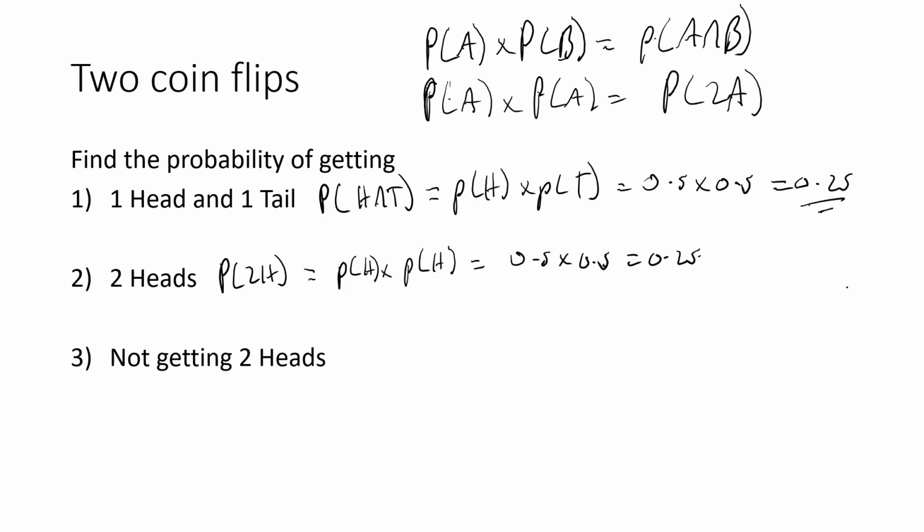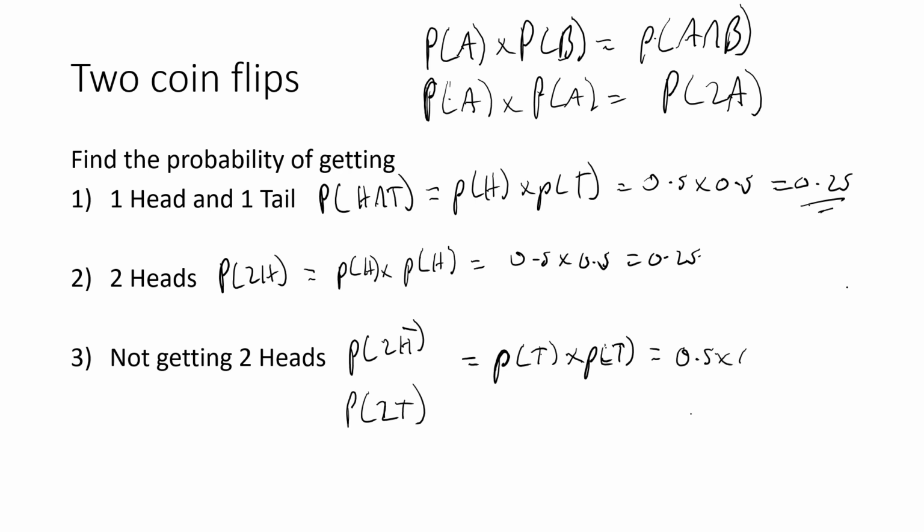And then the probability of not getting two heads, you could either write probability of 2H naught or the probability of 2T, whichever one you prefer, they're both right, is equal to probability of T times probability of T, or probability of H naught times probability of H naught, and that is equal to 0.5 times 0.5, 0.25.